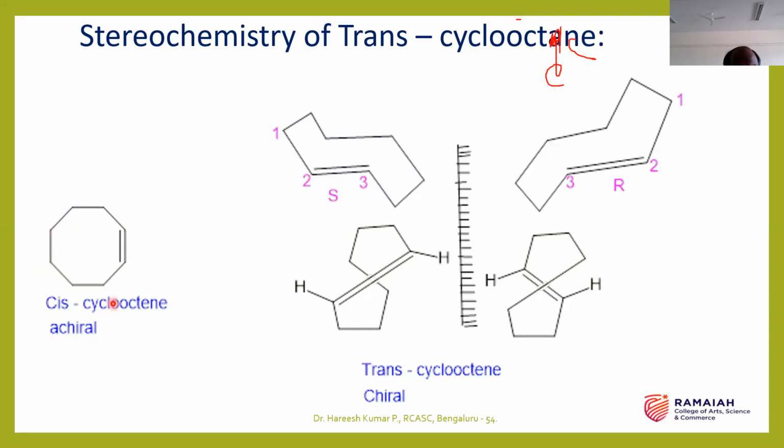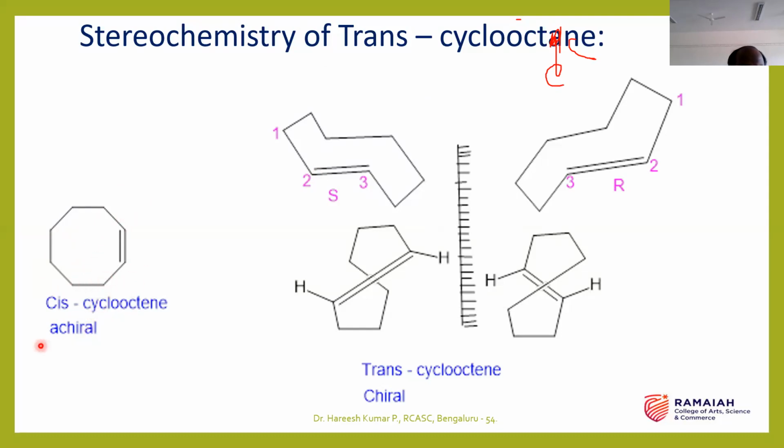So you know that this is cis cyclooctene. Why cis? Because the CH2 group is this way, the CH2 group is this way. That is the reason it's called cis cyclooctene.